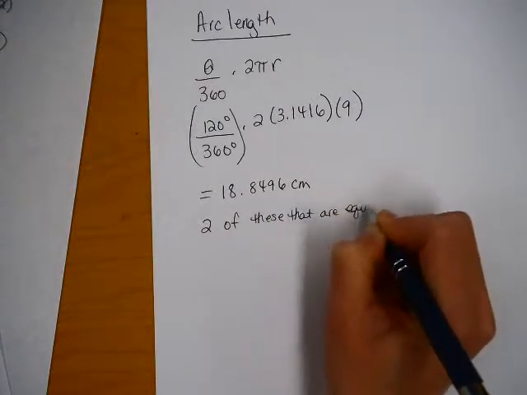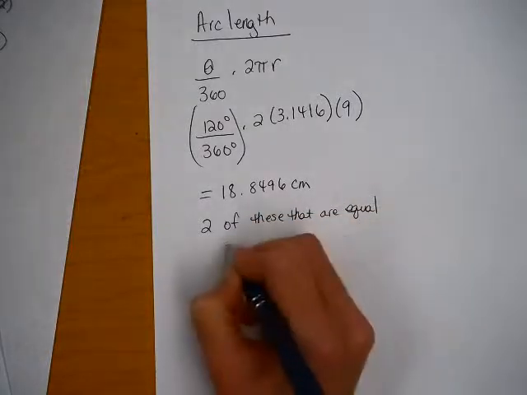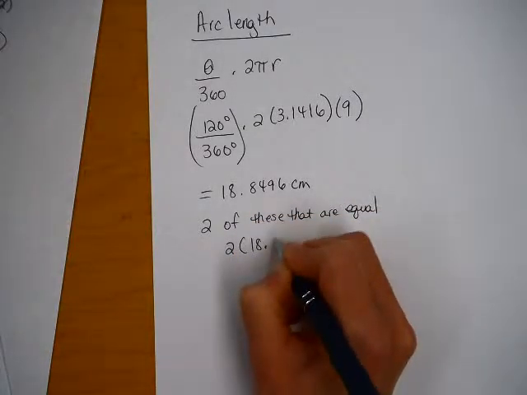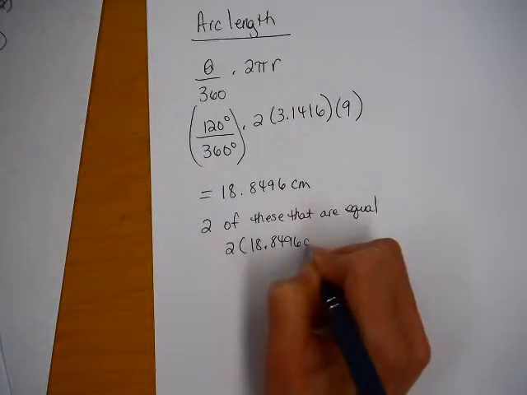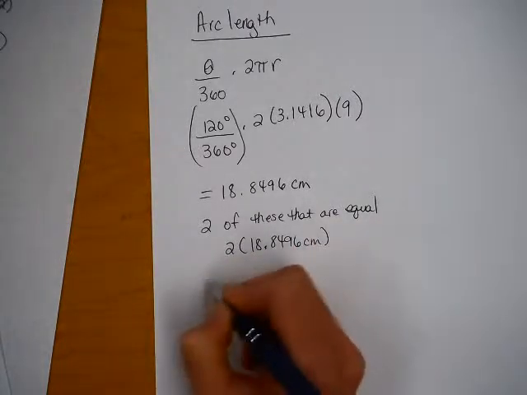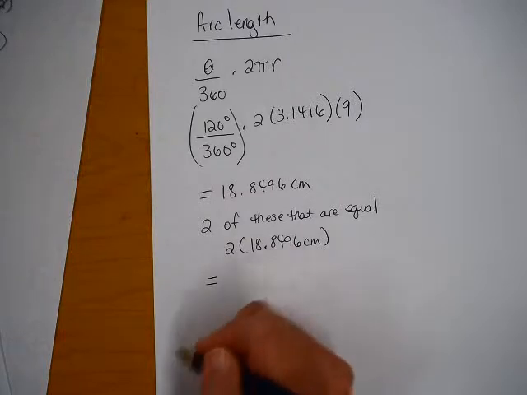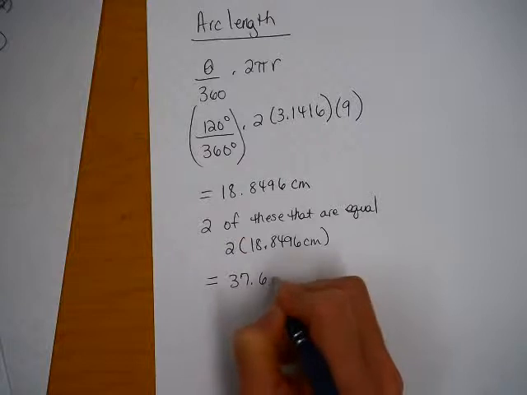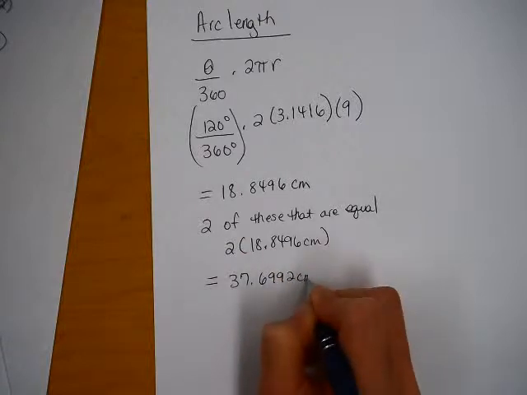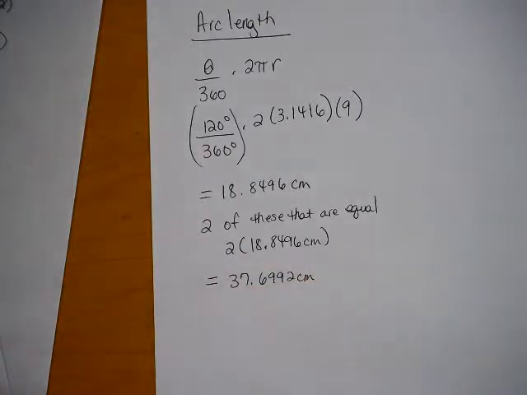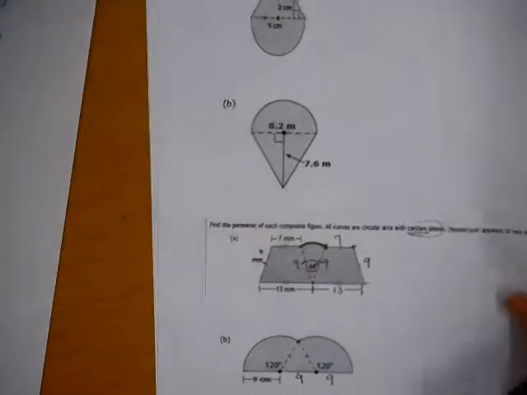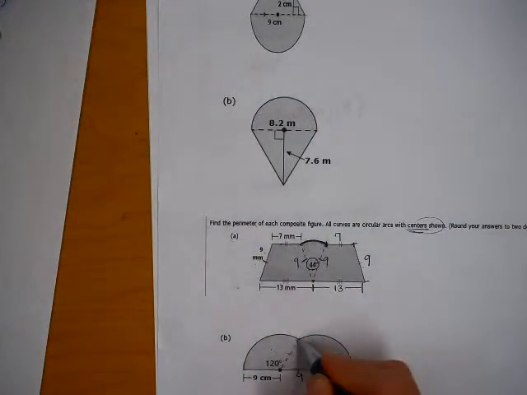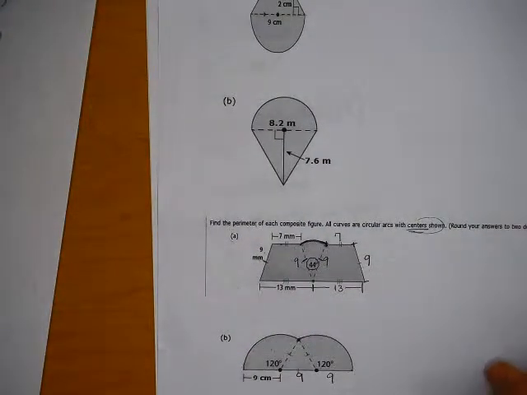And so if I double what I just found, so 2 times 18.8496 centimeters, that means the 2 arc lengths would have a perimeter of 37.6992 centimeters. Now, if I go back to my drawing, what I have just found is this arc length and this arc length, and that was 37.6992.